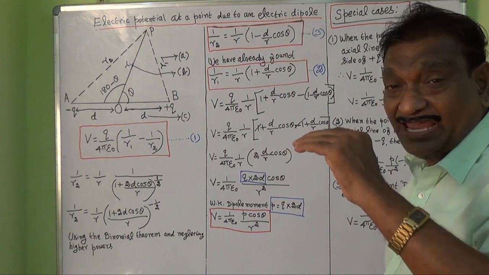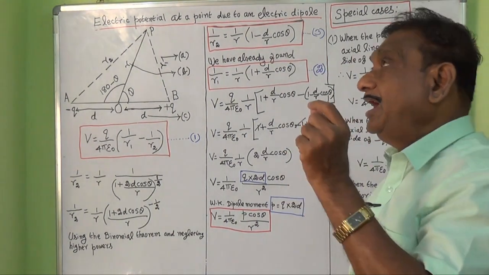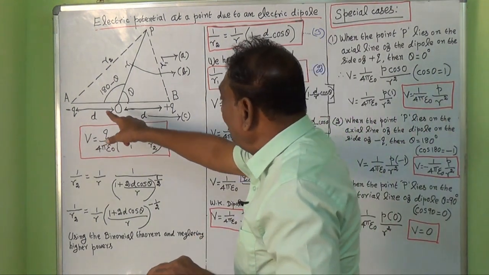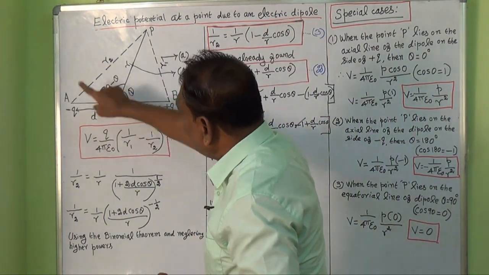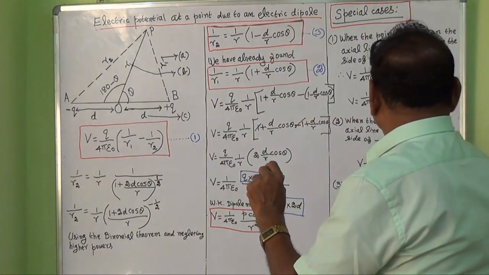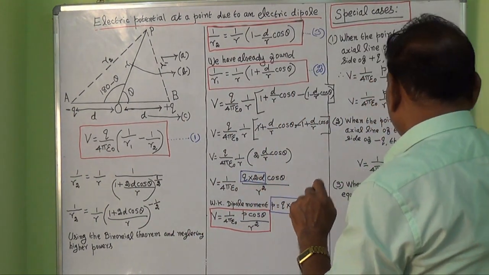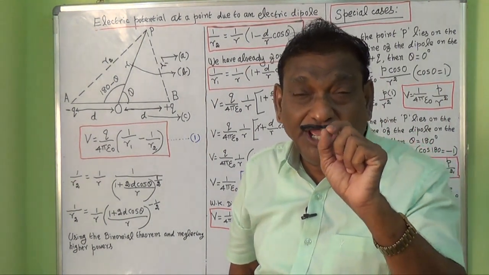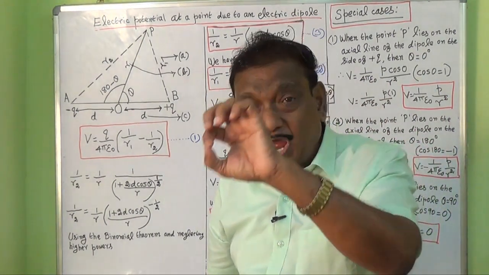Then in the second case, when the point P lies on the axial line of the dipole on the side of minus Q, the angle will be 180 degree. We know that the value of cos 180 degree equal to minus 1.